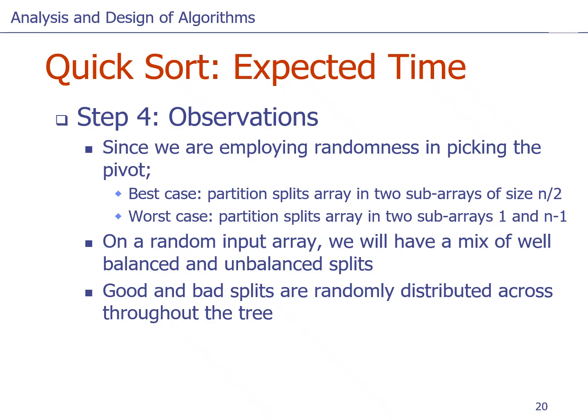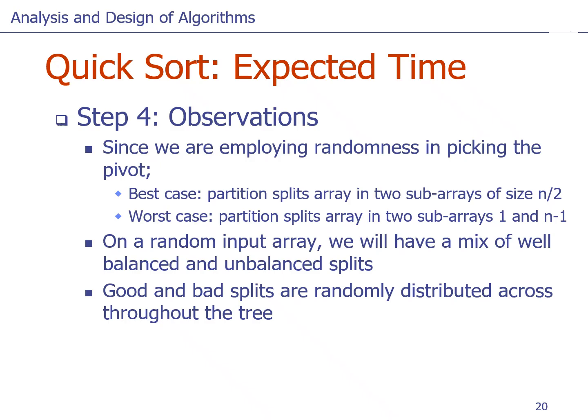Now, do we have other cases? Yes, we're going to expand a little bit our understanding of what's a good case, to think of all the values in the middle of the sorted sequence of the entries in the array to be all good cases.